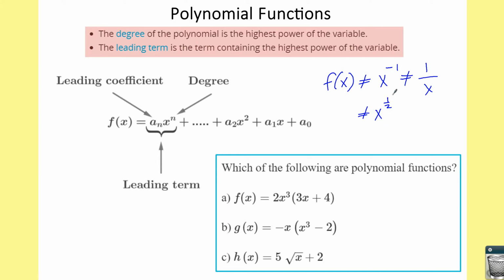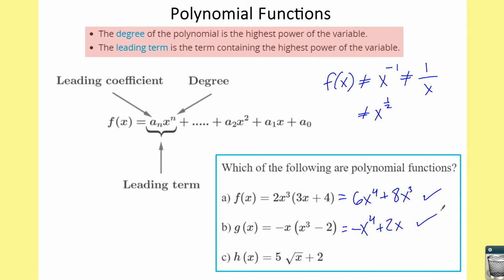So we think about these functions. A would be a function, because if we were to FOIL that out, you would end up with 2 times 3 is 6x to the 4th plus 8x cubed, so that is a polynomial. For b, I would distribute that, so you would end up with negative x to the 4th plus 2x.